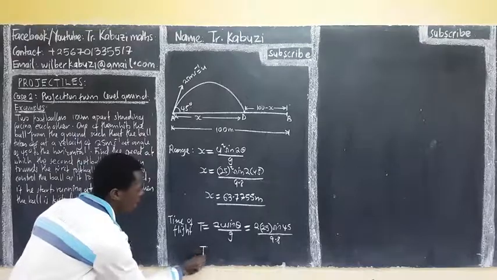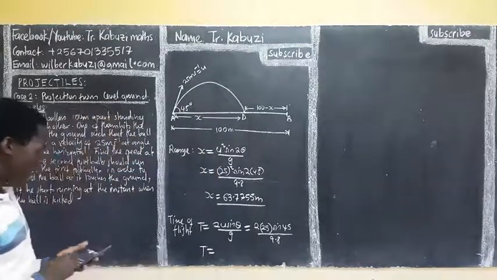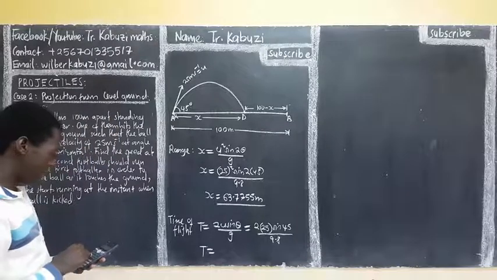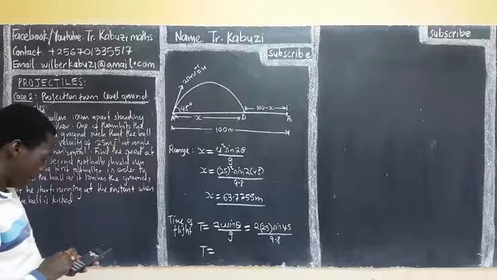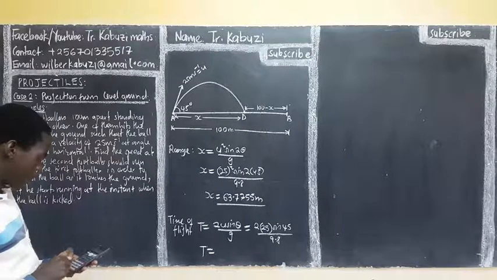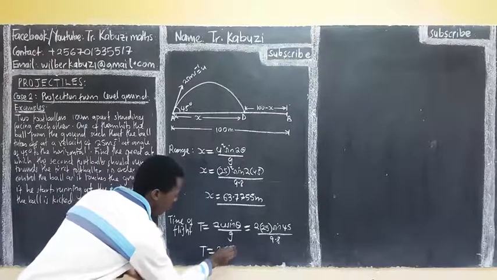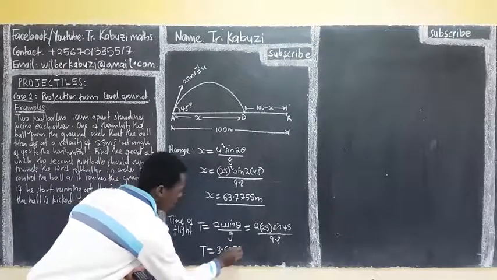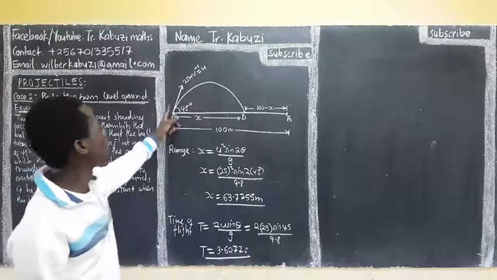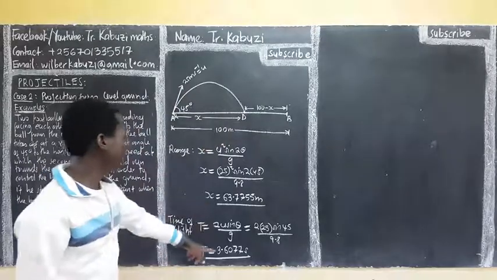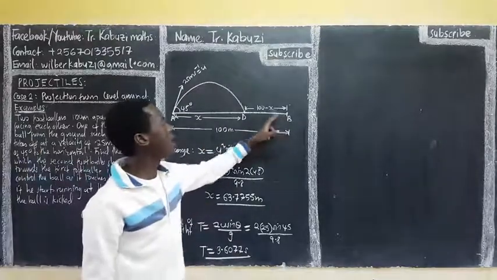So that is the time this ball is going to take to reach that point, and here I'm getting 3.607 seconds. Meaning this man should also run in that time.